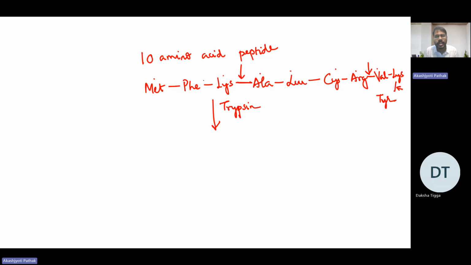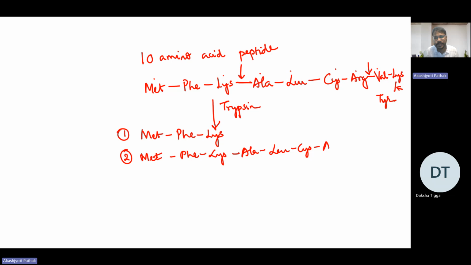Some peptide fragments will have the sequence methionine, phenylalanine, lysine. Some will have methionine, phenylalanine, lysine, alanine, leucine, cysteine, arginine.